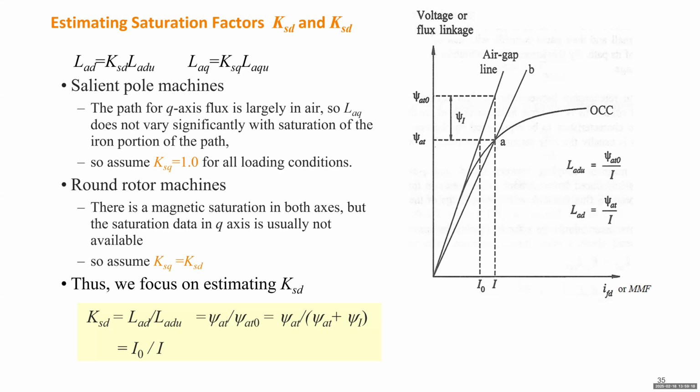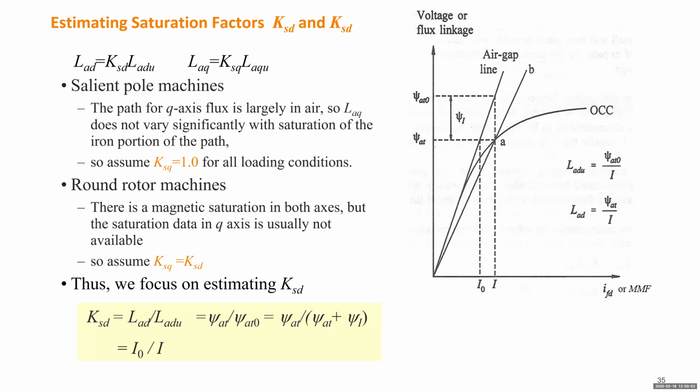I is a typical loading condition current. With field current I, you can generate the air gap flux linkage psi AT. If the generator had no saturation, you would not need this current; you could reduce it to I0 and generate the same amount of psi AT. Then I0 divided by I is the factor you are looking for, by utilizing this triangle.